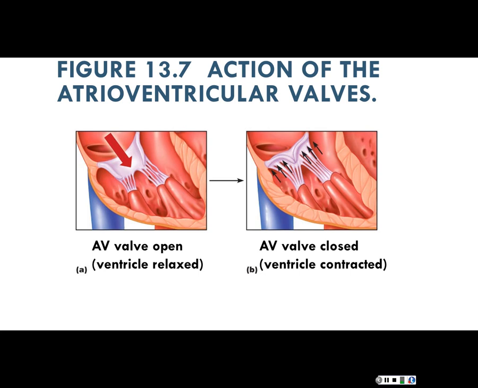And then the reverse is true. When the ventricle contracts, the AV valves will close, and the semilunar valve should be opening up, pushing blood out. So when the ventricles are contracting, they're pushing blood out to each respective circuit. So we need to open that valve, that door, to the pulmonary or the systemic circuit. Again, those are figures 13.7 and 13.8 in your textbook. Are we okay to move on?